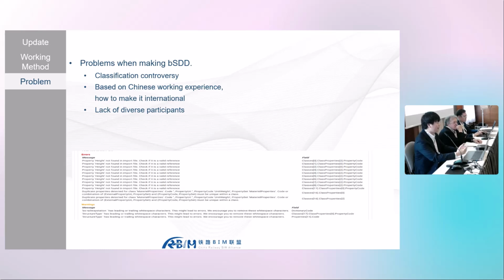In China, since the usage of the same pipe is different, different experts think, okay, I need to make a class for the pipe indoor, and another for the pipe outdoor. But maybe worldwide, we just say this is just a pipe for the water supply. It's the same class. It should not be two classes. I think this kind of thing is the classification controversy. That's what we want to solve.